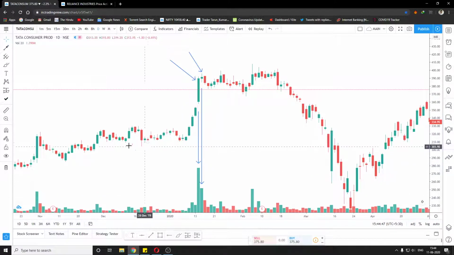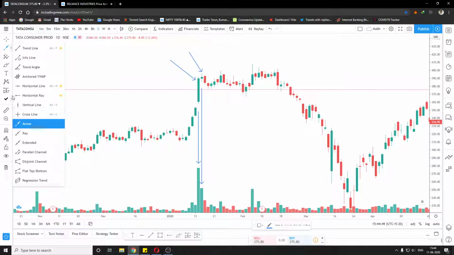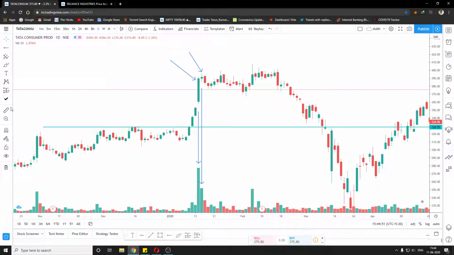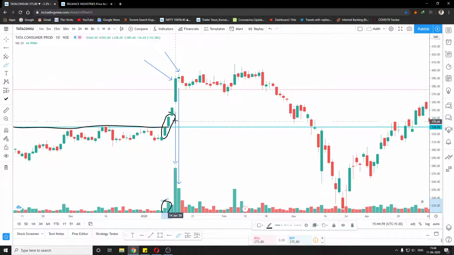In the first place, we had a breakout from this level, supported by above average volume, which is good. Then we get this huge candle. Let's say this is the first candle and this is the second candle. This is the first volume, this is the second volume.